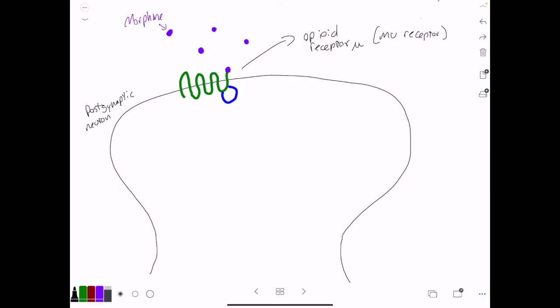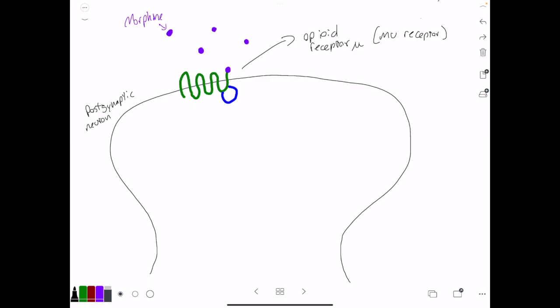This is a specific opioid receptor, and it binds to this. And this obviously facilitates and gives rise to both the euphoric experience that you get with opioids, but also the addictive property of it.